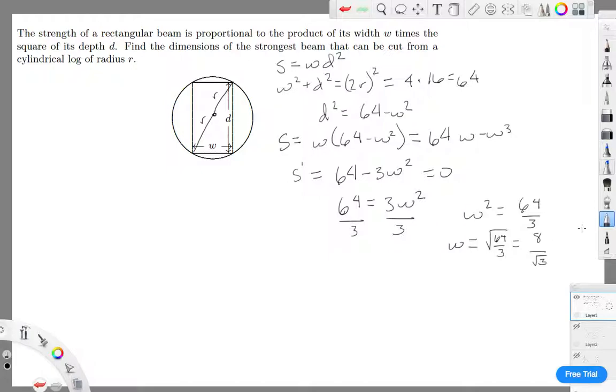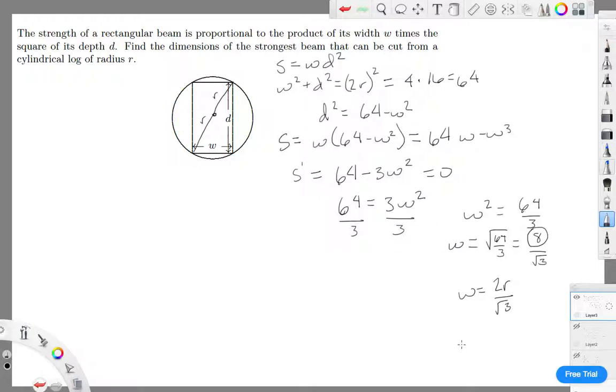Okay, and that's not incredibly important right now. Remember that R is equal to 4. So now let's take this here and put it back in terms of r. So w is equal to 2 times r over root 3.